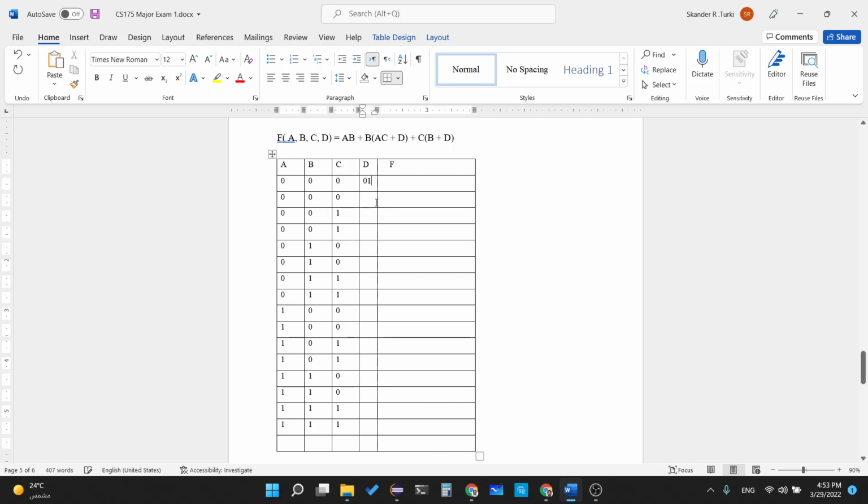Here it will be 0 1, 0 1. Is it correct?